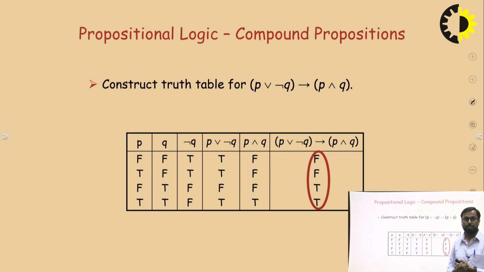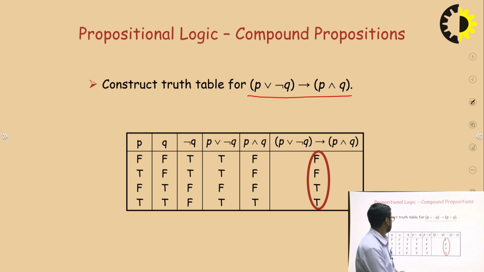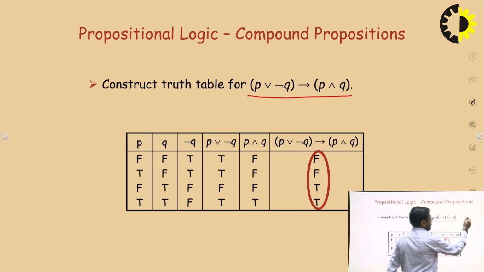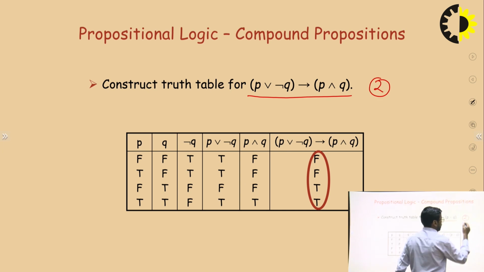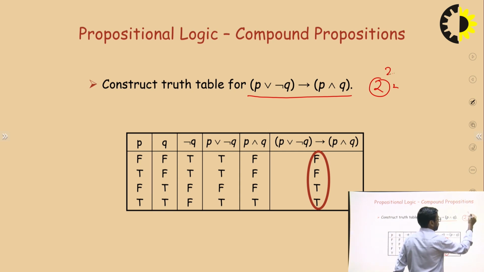Propositional logic, compound propositions. This is a very important question. For this we generate the truth table. Here there are two predicates p and q. If there are two variables p and q, the number of possible cases will be 2 to the power 2, which is 4.